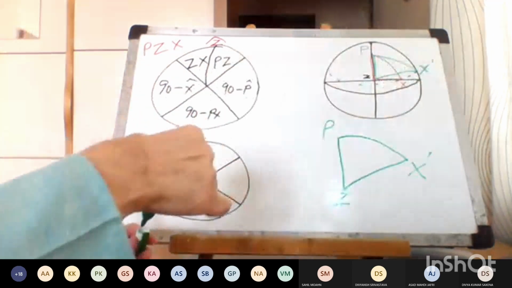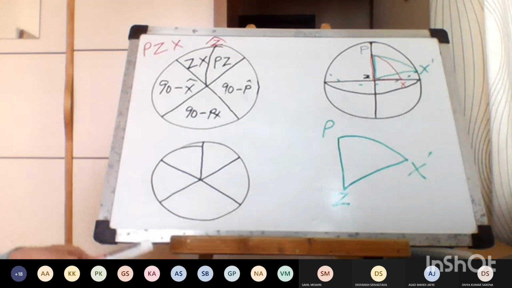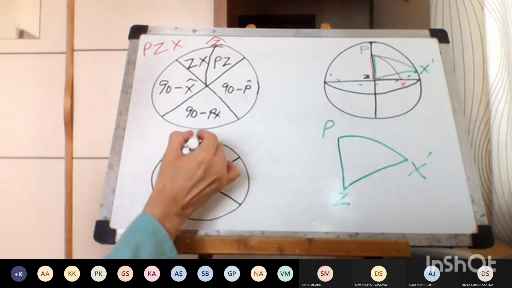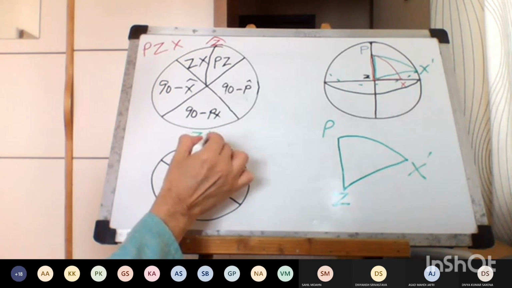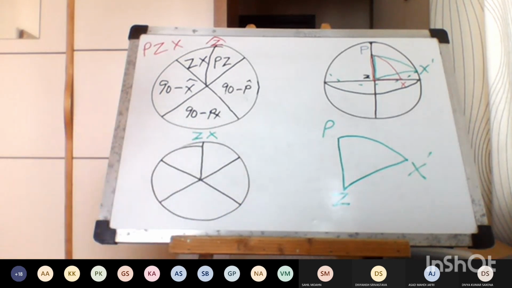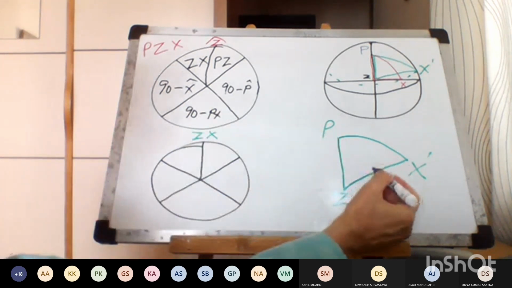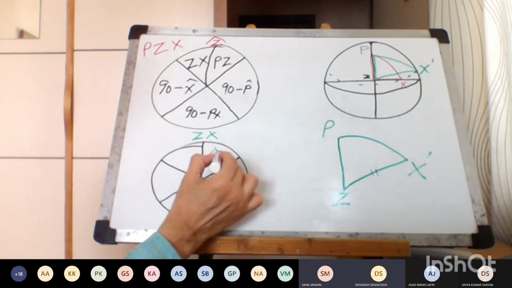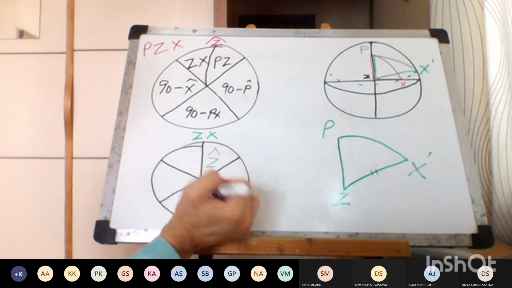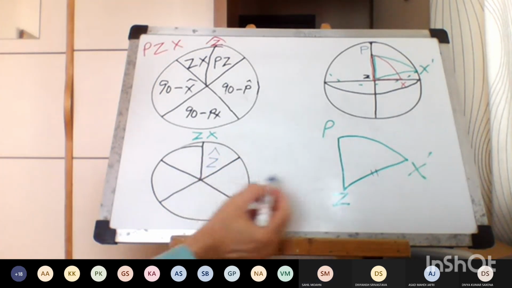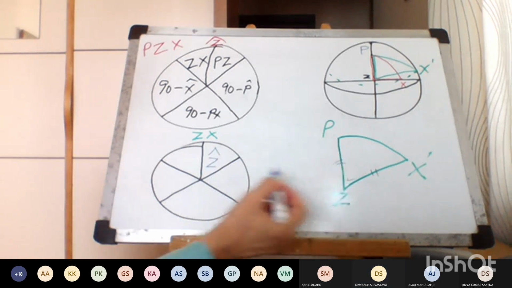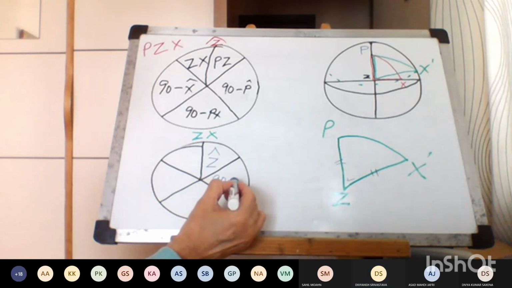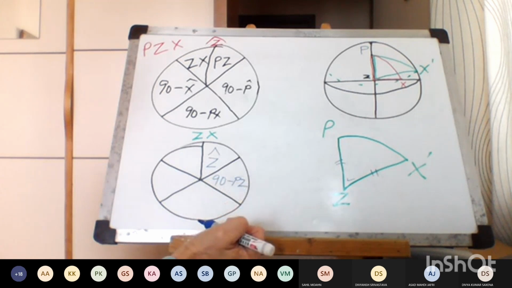PZX dash. Here ZX is 90. So I will write ZX outside. And then how do I go about? ZX is done. Let's go clockwise. Which is the next one? Angle Z. Then side ZP, 90 minus PZ.